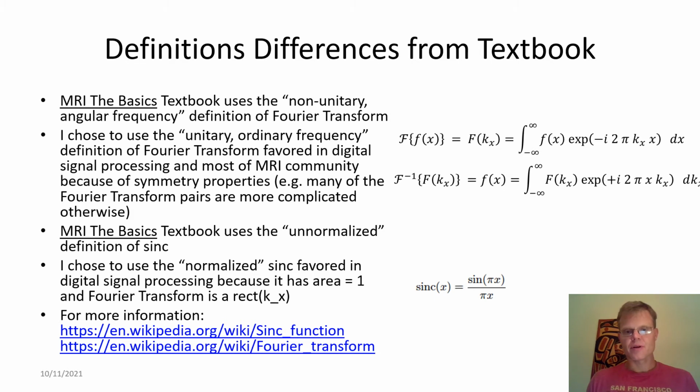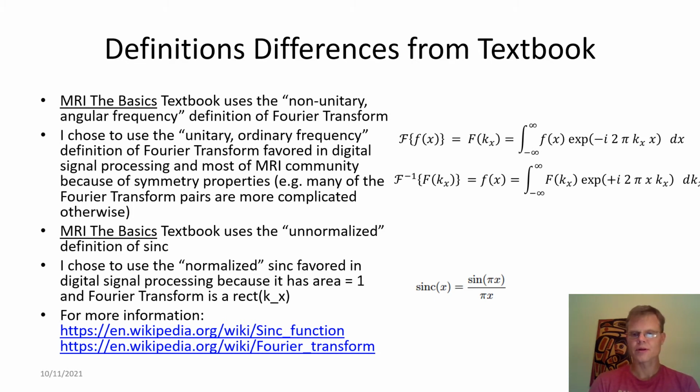Now, a couple of differences you're going to see in the definitions from MRI the Basics and what I've shown here is that I use a unitary ordinary frequency Fourier transform. It has some very nice symmetry properties. If you use a non-unitary with the angular version, you need an extra scaling factor in there.